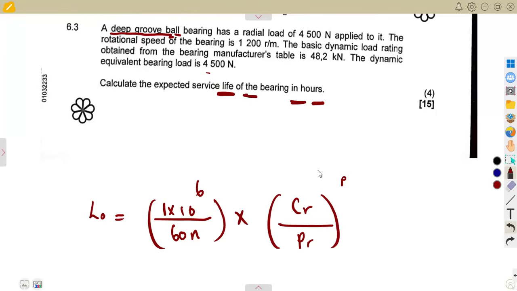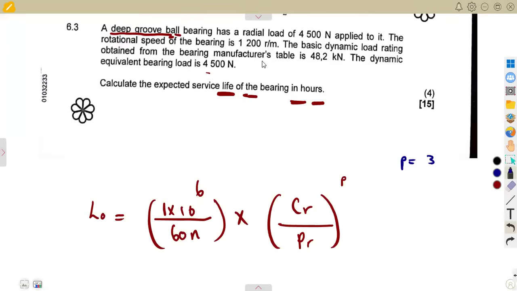If you're dealing with a deep groove or roller bearings, p is taken to be equal to 3. This one is a deep groove. It depends on the formula that you use, but according to the formula sheet, that is what we have there. So you're going to use 3 for this one.